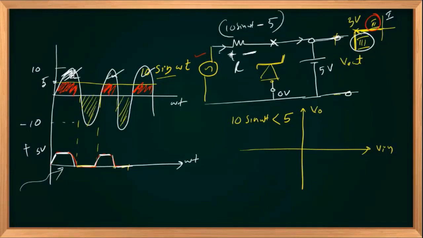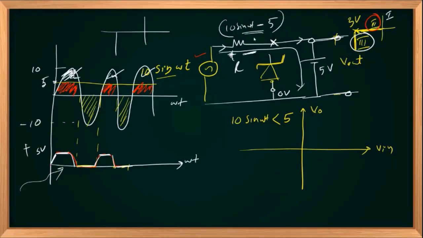And there will be a current in this direction from cathode to anode once it is in breakdown mode, as we discussed in our VI characteristics. The remaining voltage will drop across R.